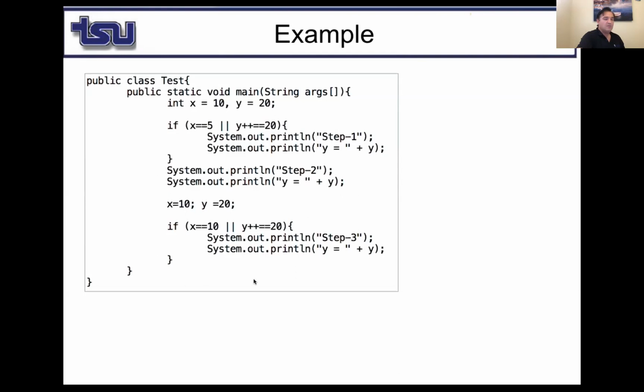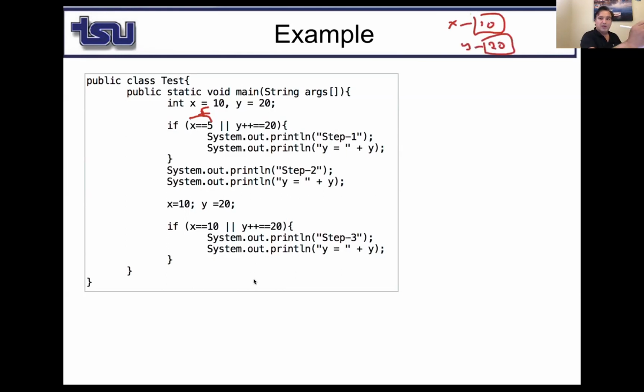Okay, so now the same thing, but this time I have or, double pipes. That means if the first statement is true, there is no need to execute the second one, because no matter what the second one is, the composite statement is what? True. So I'm going to go here. This is false. Again, x is 10, y is 20.